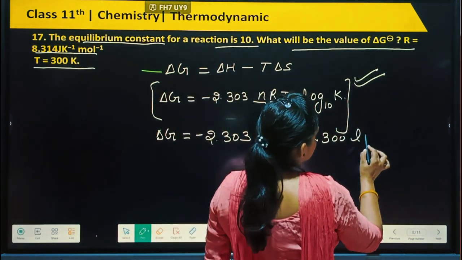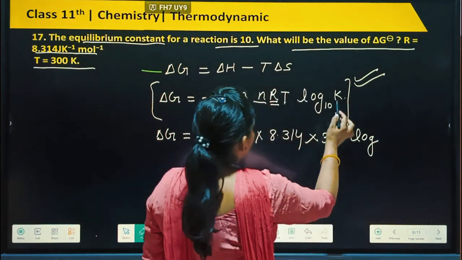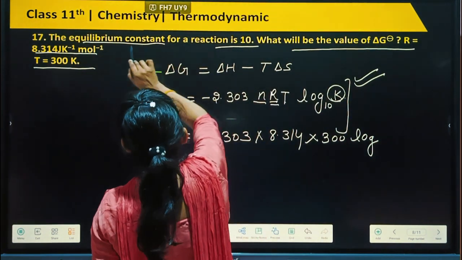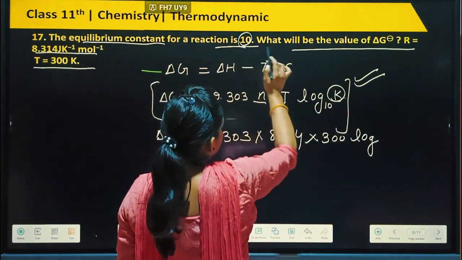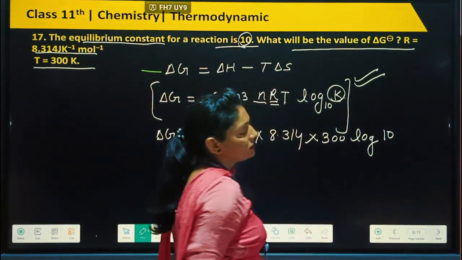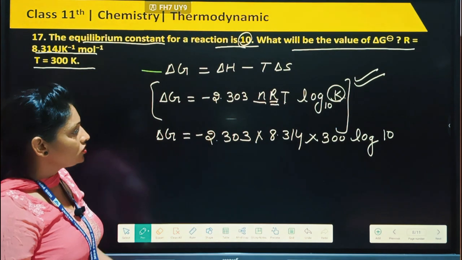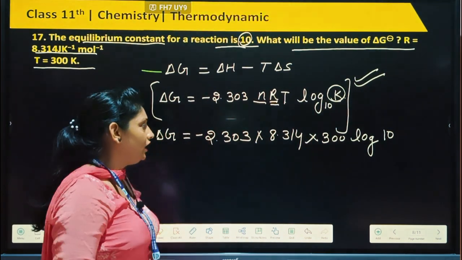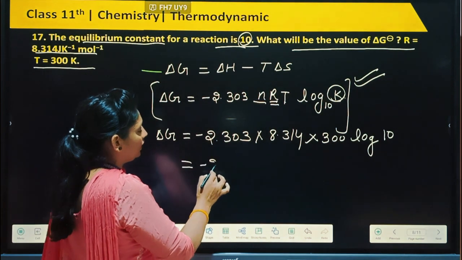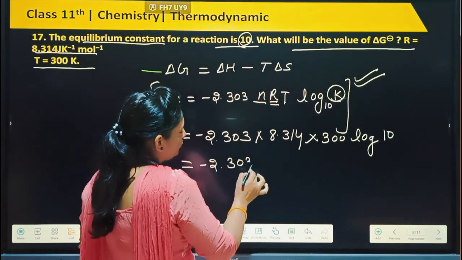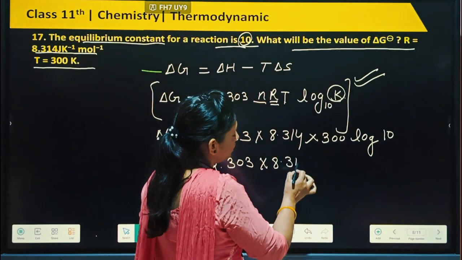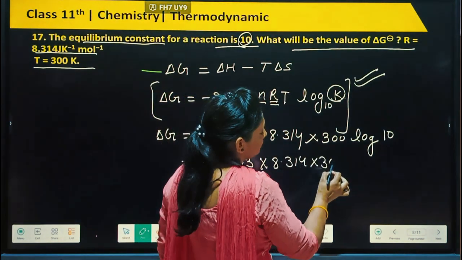Then log K. K is the equilibrium constant. The equilibrium constant for the reaction is 10. This is also given to us, it is 10. So student, simply we will put all values here. After putting the values, you will calculate. Minus 2.303 into 8.314 into 300.